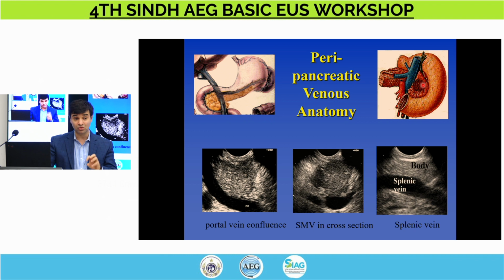So you have to identify it, and the way to identify it is to learn on every exam how to identify the splenic vein and the splenic artery, and we'll do that today. So you identify the splenic vein, the splenic artery, learn how to identify the IVC and the aorta, and those are cardinal structures that allow you to make sure that you are not missing a cancer here.